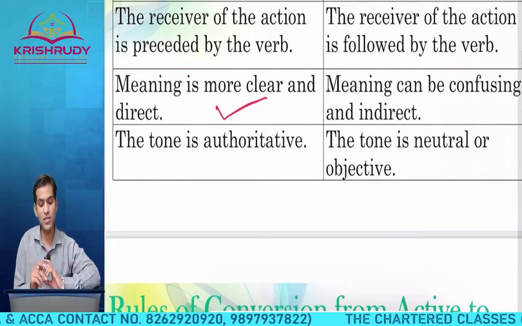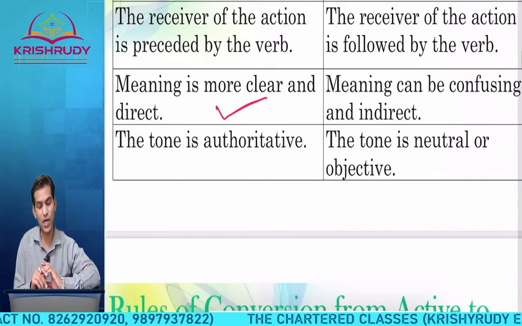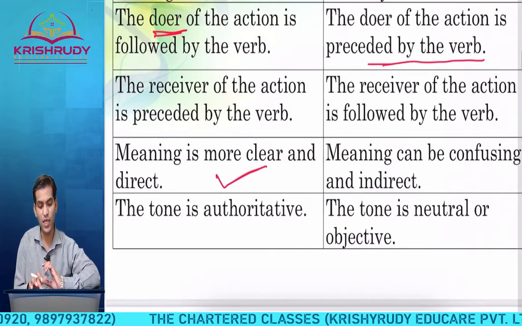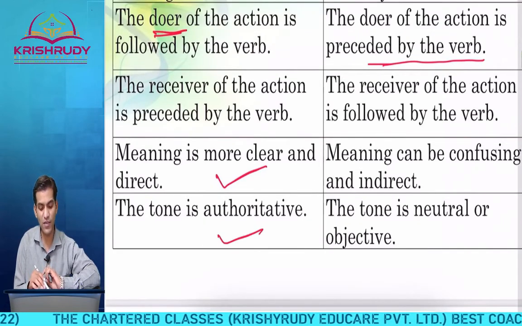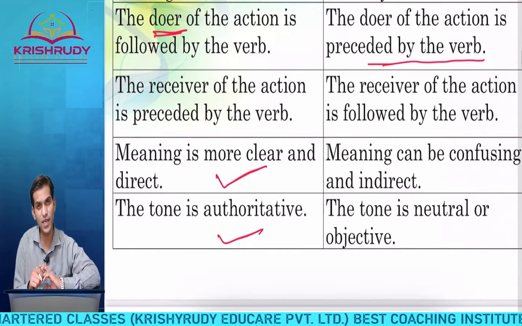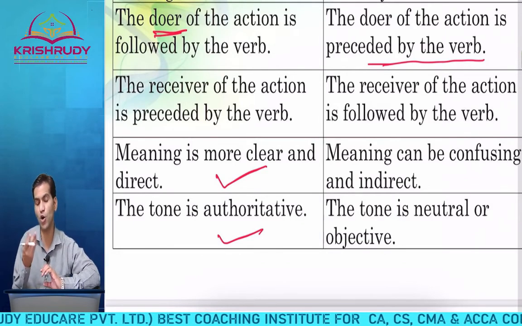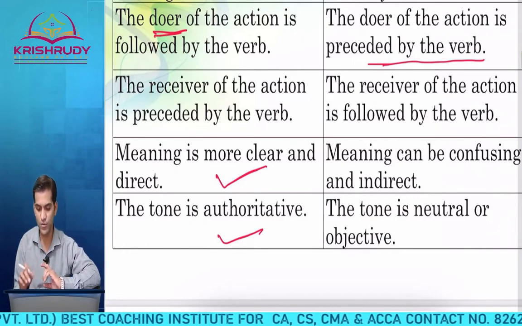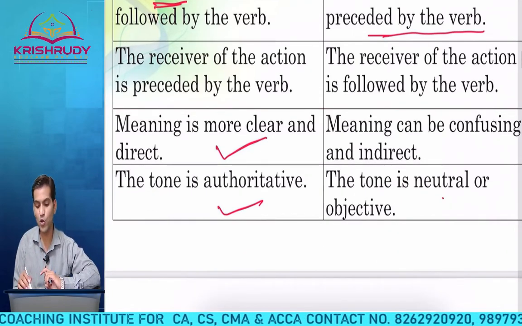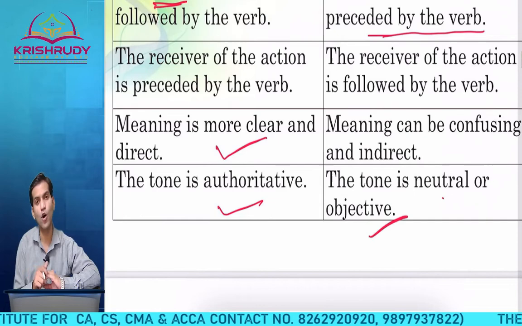The tone is authoritative. Authoritative here means we use active subjects, the doers are there, that's why it becomes authoritative. It shows some authority in the tone. And here the tone is neutral or objective.